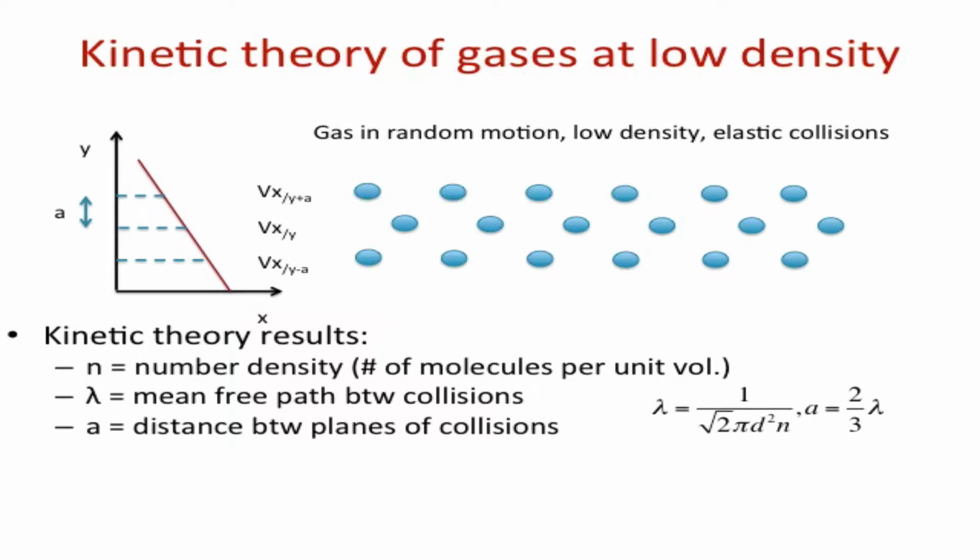So first I define that n is the number density of molecules per unit volume, so simply number per volume, and lambda is the mean free path between collisions.